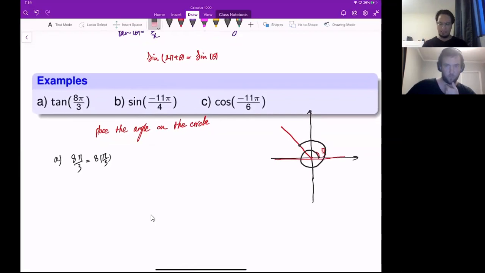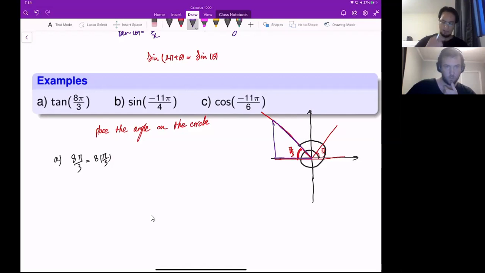What do I mean here? You see, there were 3 pieces of pi over 3. So the remaining part here is pi over 3. Let me just extend this a little bit longer. Now I can place my right triangle with the special angle pi over 3 there.